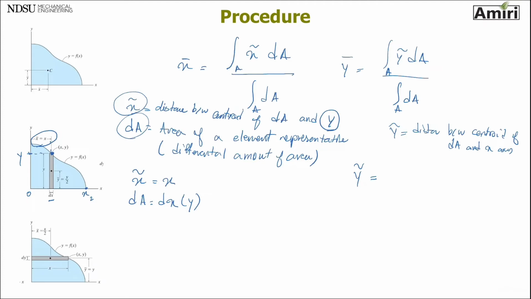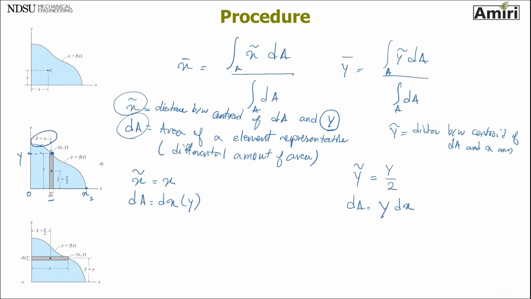In this case, the centroid of that rectangle is in the center of it. The distance between that center and x-axis is y over 2. And dA has not changed, it's the same. Let me write y this way, it's a little bit easier. Okay, so now I can put these back in those two integrals and then start integration.